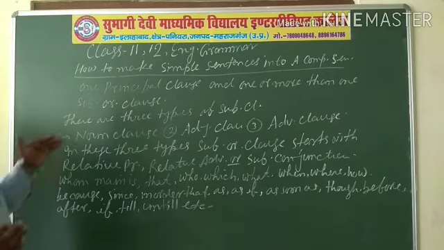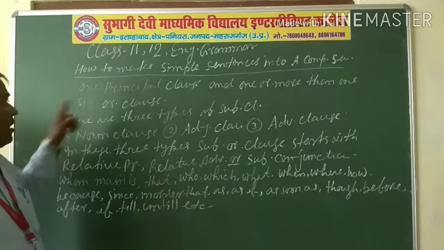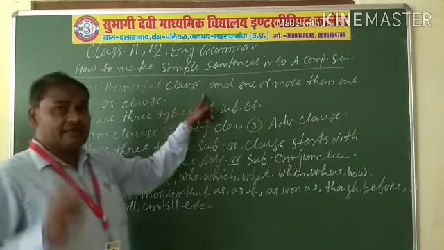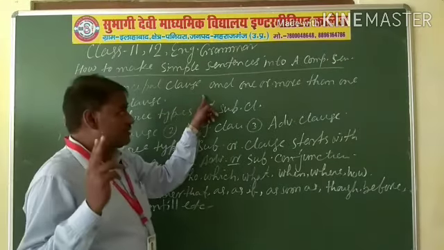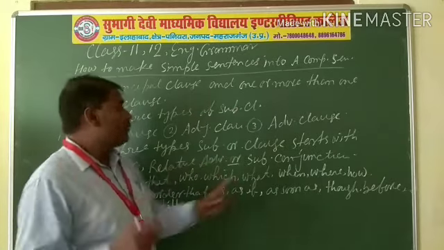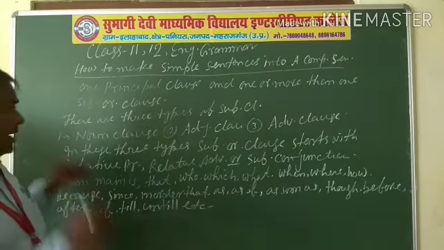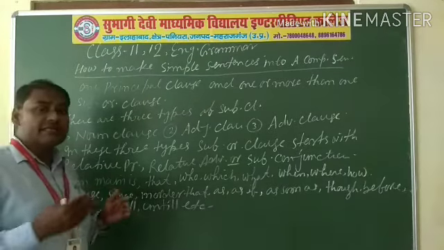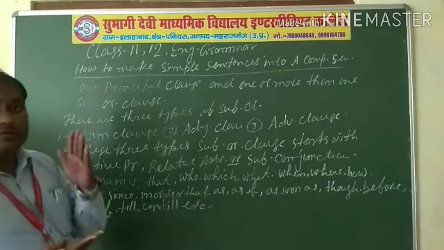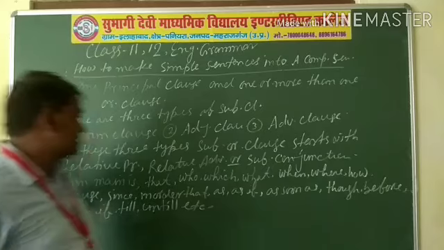In a complex sentence, there is one principal clause and one or more than one subordinate clause. If it appears, then we have to join two or more simple sentences into a complex sentence.